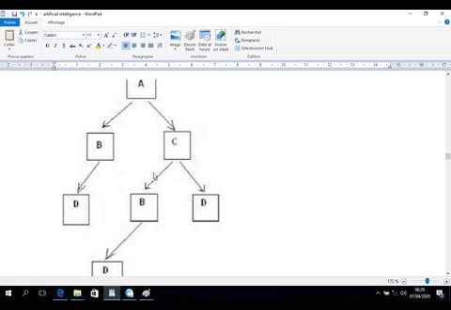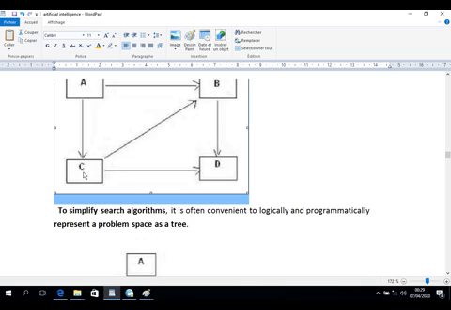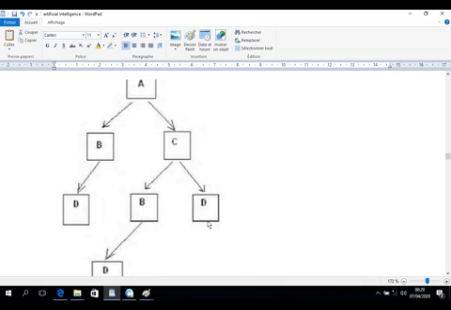You see, from A we can move to B and C. So on the tree, from A we can go to B, we can go to C. Now from B we go to D only.